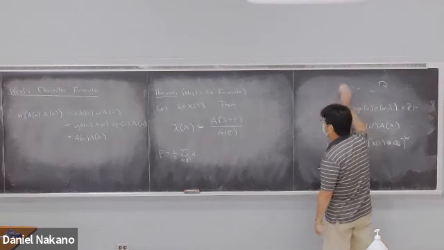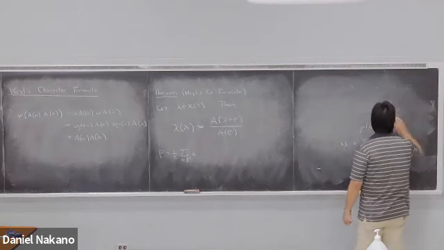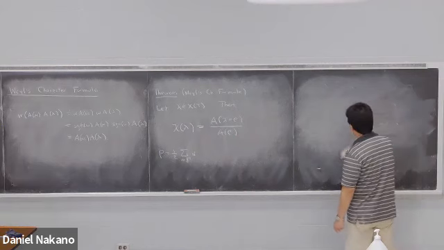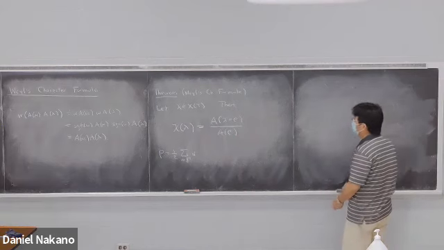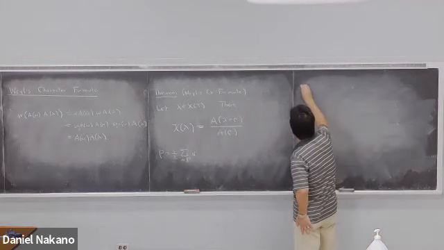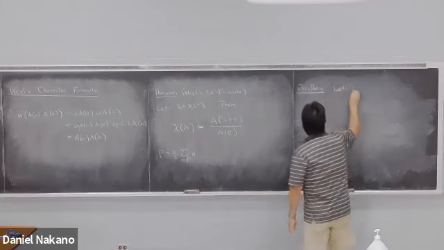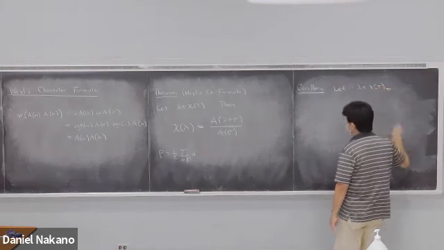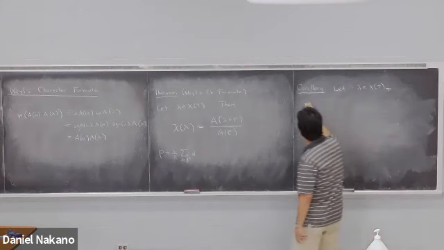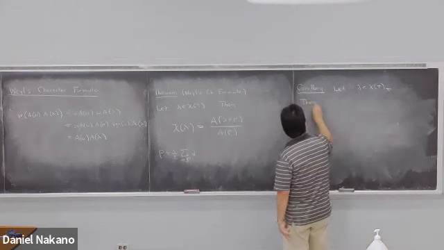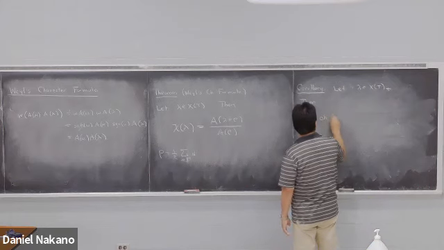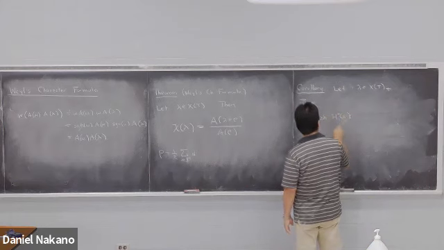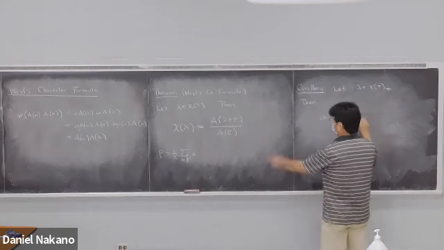Now, what's a corollary of this? So the corollary is, lambda being dominant, then we know that the character of H rho is equal to this.